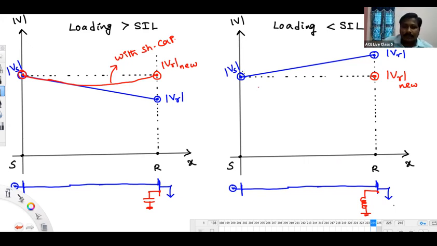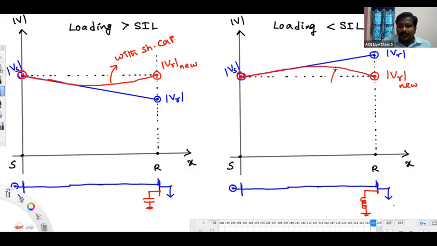And here also, starting from the sending end side towards the receiving end side, voltage starts to increase, but beyond a certain point, voltage will start to decrease and touches the value of Vs, which is nothing but this new voltage we have mentioned.